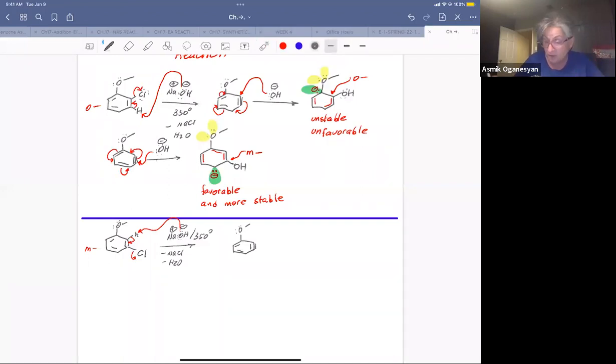So the take home lesson: when the electron donating group and the leaving group are ortho to each other, our favorable product will be the meta substituted product. And when the electron donating group and the leaving group are meta to each other, we're going to end up again with the meta product as the major one.